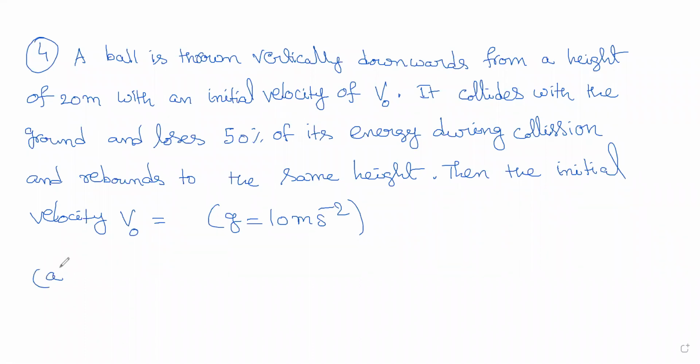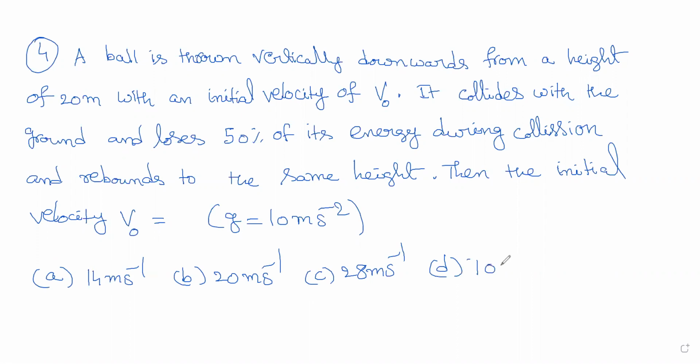Specifically, they have given option A 14 meter second inverse. Option B is 20 meter second inverse. Option C is 28 meter second inverse. And option D is 10 meter second inverse.